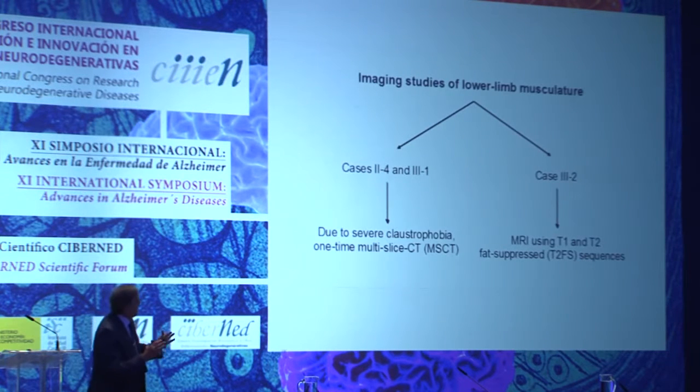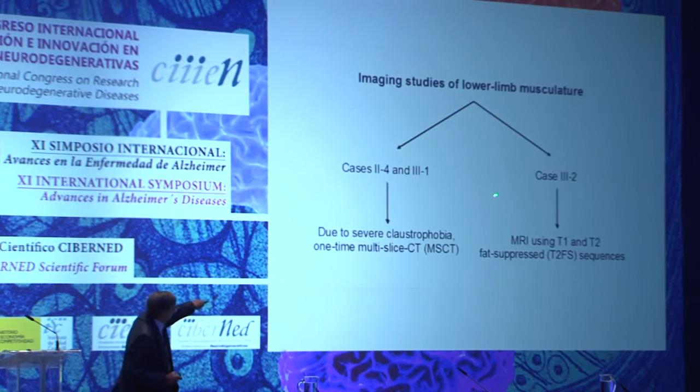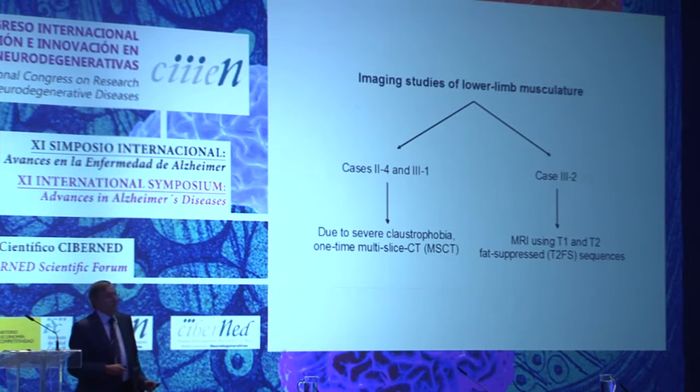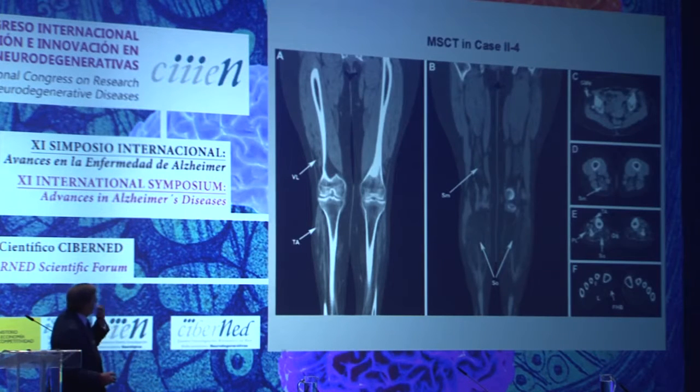Imaging studies were done in 3 patients. We have 2 patients with claustrophobia, and we carried out in these patients one-time multi-slice CT, and in another patient we carried out MRI using T1 and T2 fat suppressed sequences. See here the coronal section of the lower limbs, the CT scan in patient 2-4.